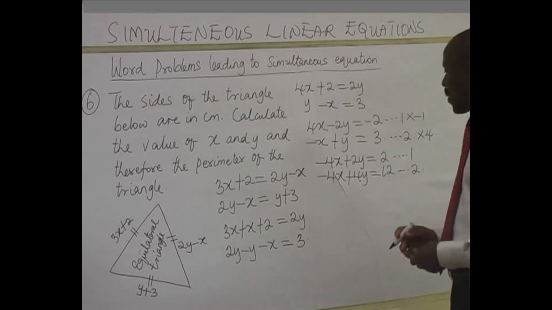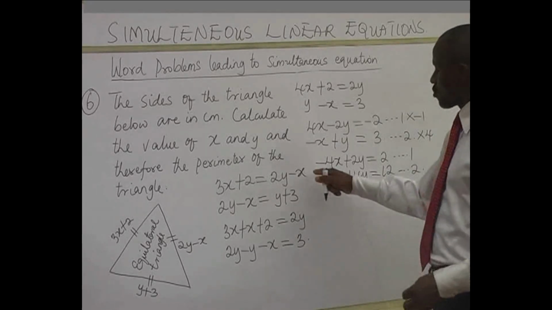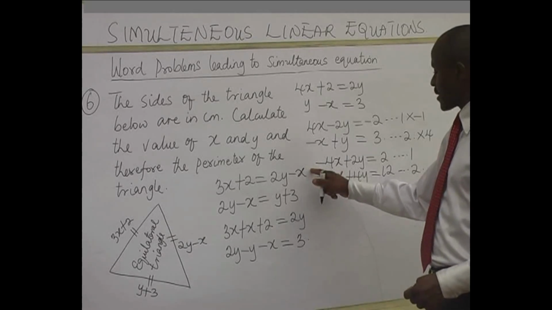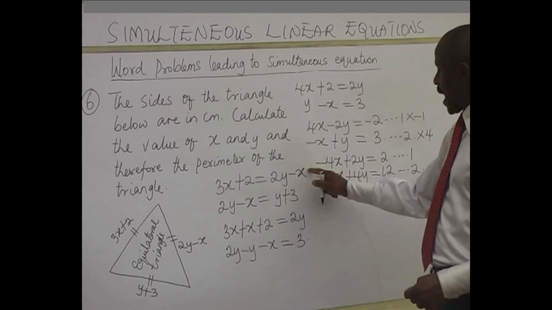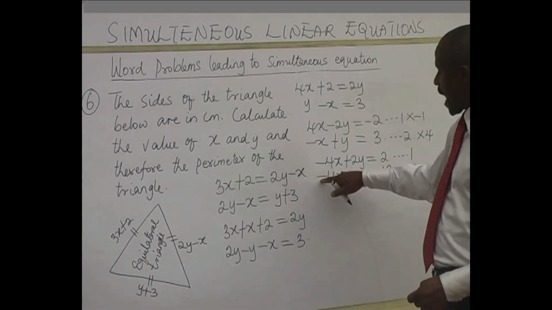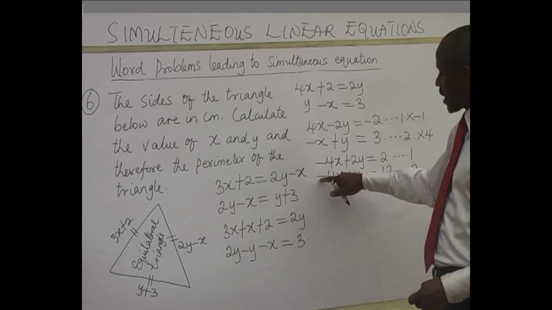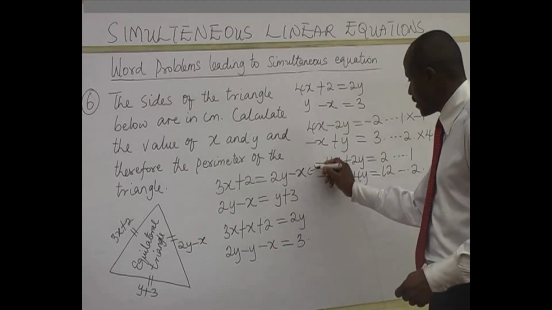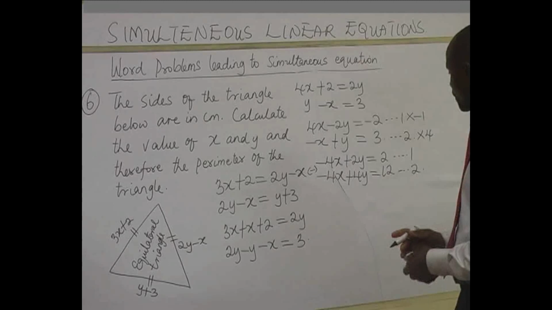Okay? Now add. If you subtract here, you're going to subtract so that minus will change to plus. And it's only when there is plus here that you can cancel out 4x and 4x. So you are going to subtract equation 1 from equation 2.